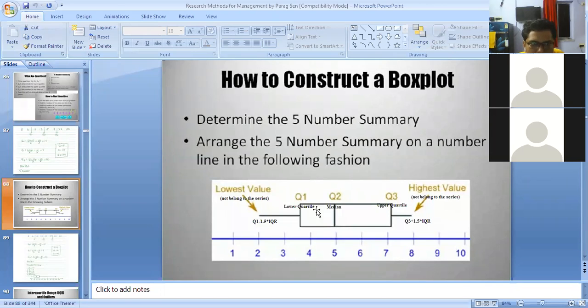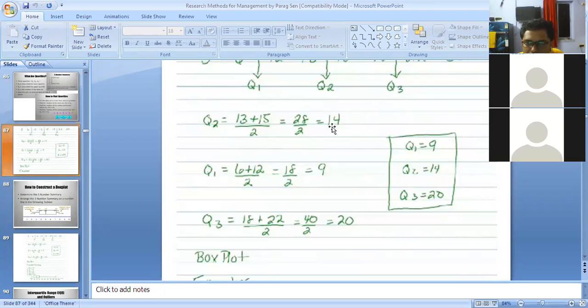You will put your Q1 value, Q2 value, and Q3 value. In this way you will make your graph. Q2 is actually nothing but your median. You can easily understand that Q2 is your median, because it is the middle value.